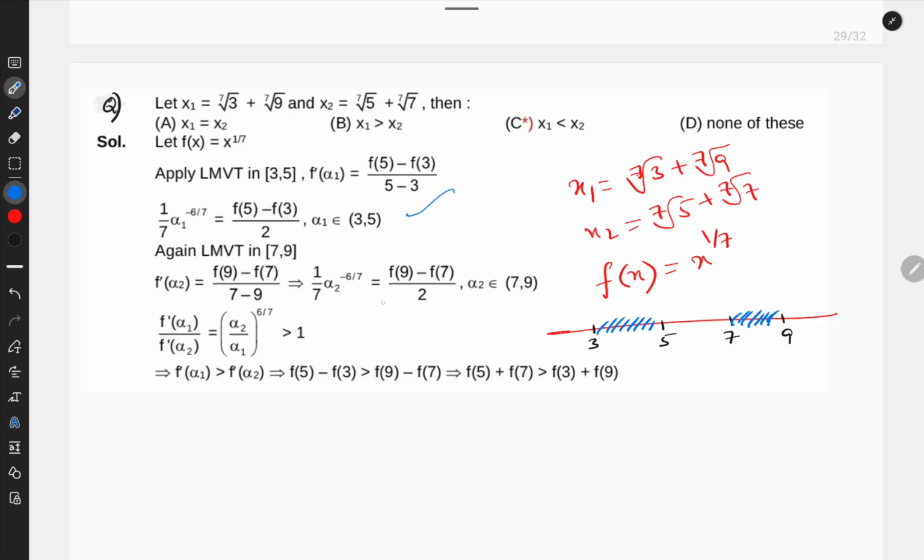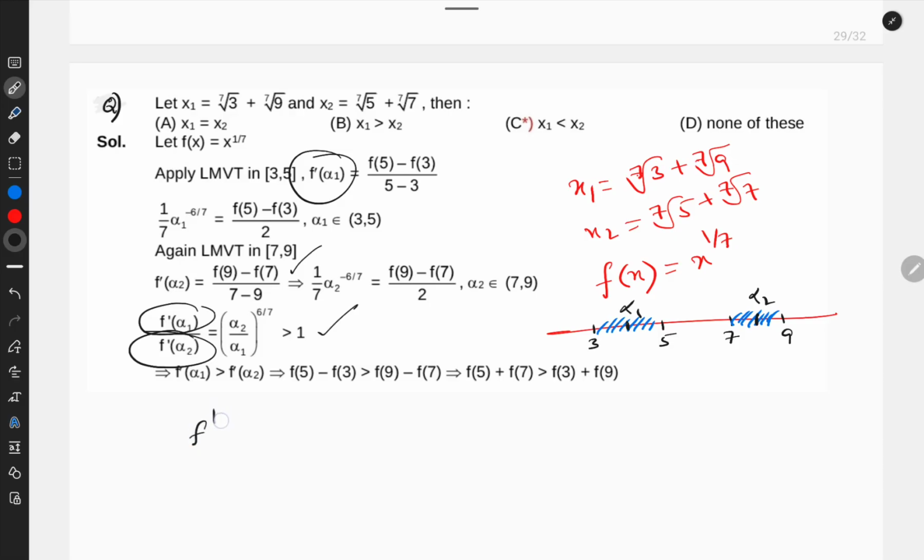If you apply LMVT and calculate f', there exists some alpha 1 between 3 and 5, and some alpha 2 between 7 and 9. So you get f'(alpha 1) and f'(alpha 2), and by taking the ratio of these two, you get a value more than 1.